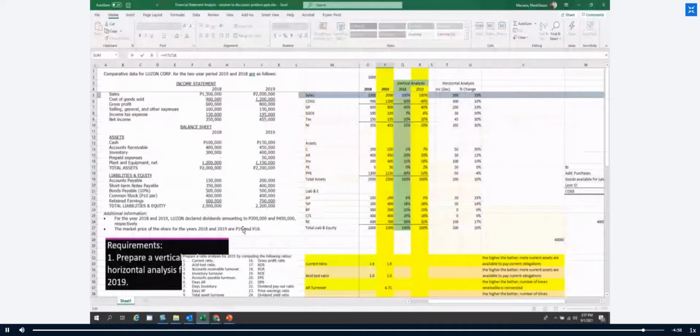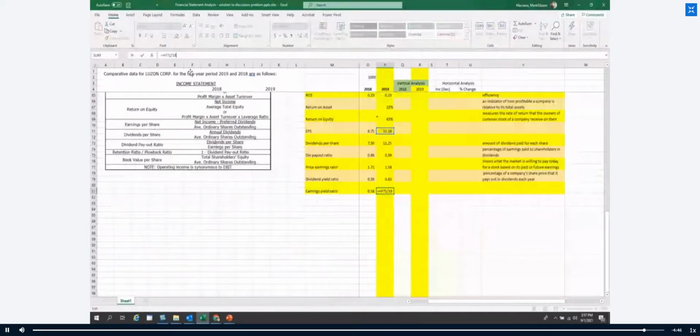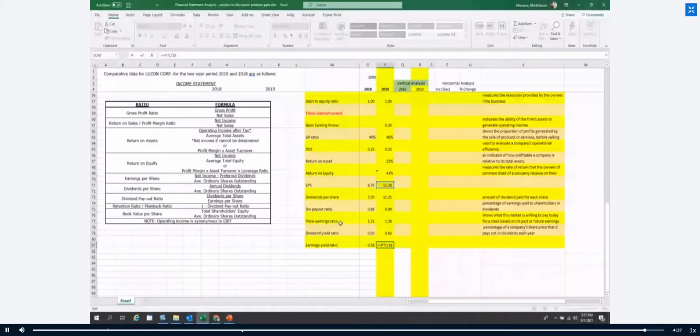So this is the percentage of company share price that it pays out in dividends each year. And finally, the last one, your earnings yield ratio. It's your EPS, which we calculated earlier, divided by the market price. So that's your earnings yield ratio.